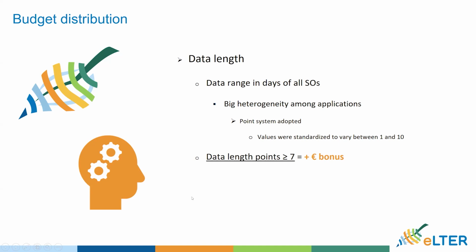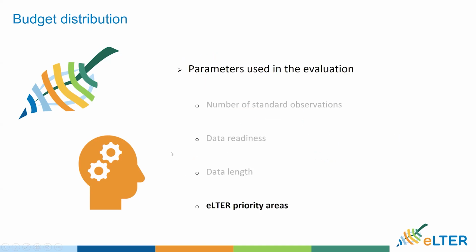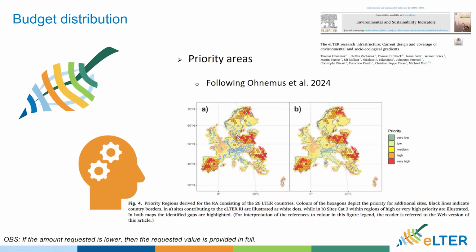The next point of evaluation that we used was the eLTER priority areas. This was based on this paper that was recently published by Onemenos et al., 2024. You have the link there, and you have this figure where we can see the priority areas for eLTER, and these are ranked into 5 different levels.